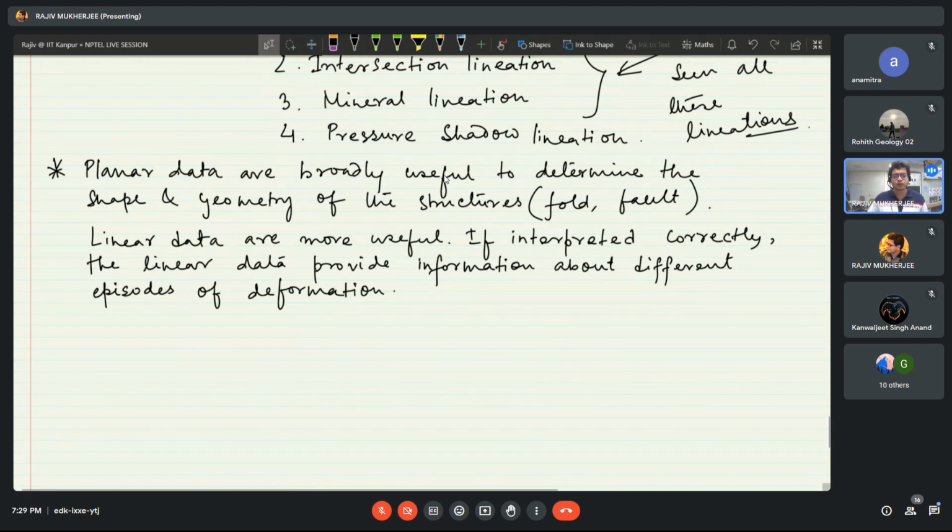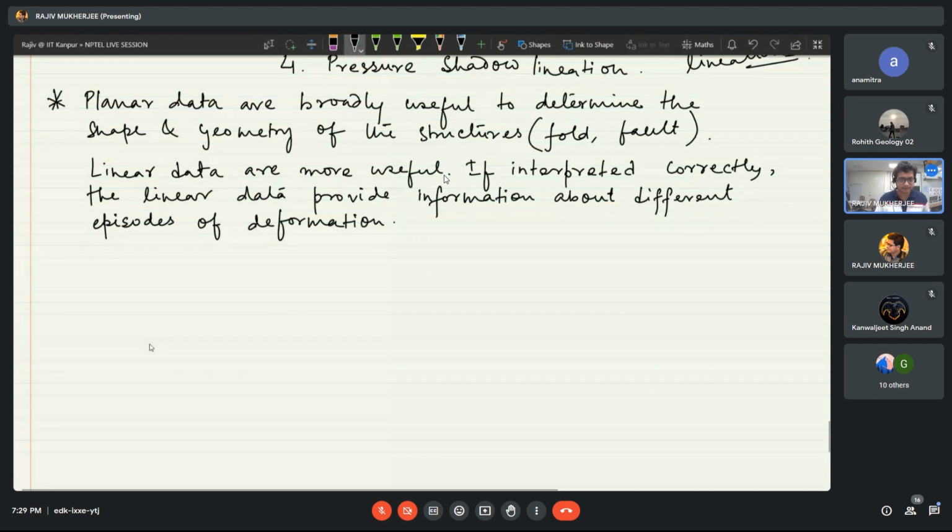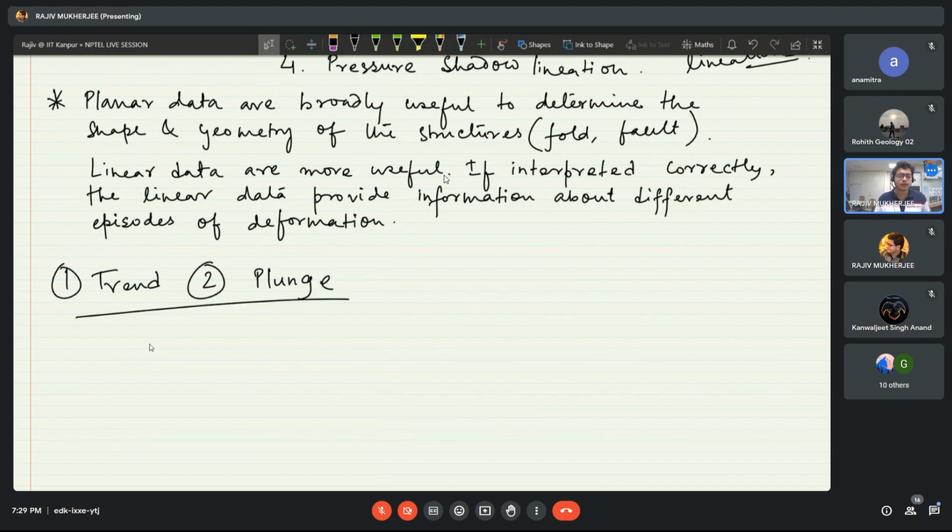Okay, so what sort of data do we measure? Two common things: one is the trend and the second is the plunge. So what is a trend? Trend is similar to the dip direction of a plane.